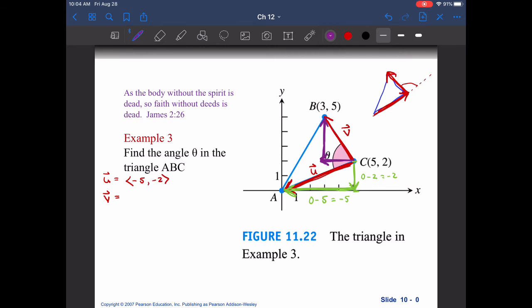So in the x direction, it's going to be 3 minus 5. So right there is 3 minus 5, which is a -2. So in component form, we have a -2 there. And then for the vertical part here, we've got final minus initial. So that's 5 minus 2. Right? That's this 5 minus this 2 here.